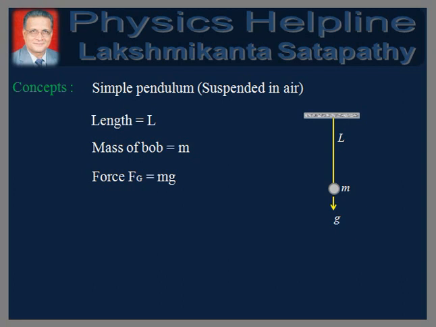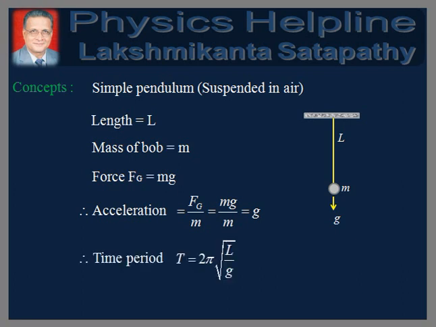Therefore, we write Fg = mg. Therefore, acceleration of the pendulum is equal to force divided by mass, which is equal to acceleration due to gravity g. Therefore, time period of the pendulum is given by T = 2π√(L/g).